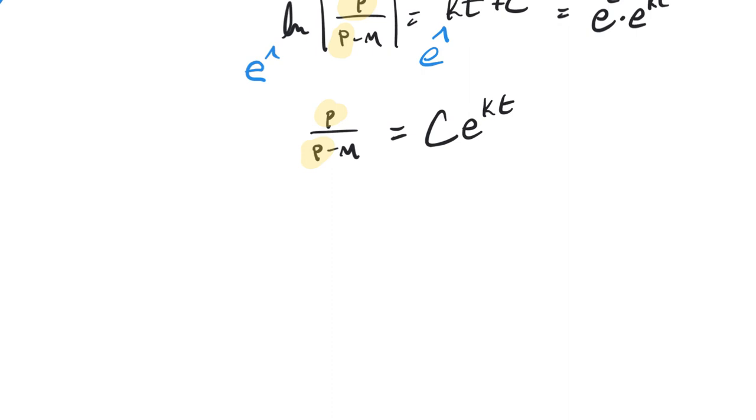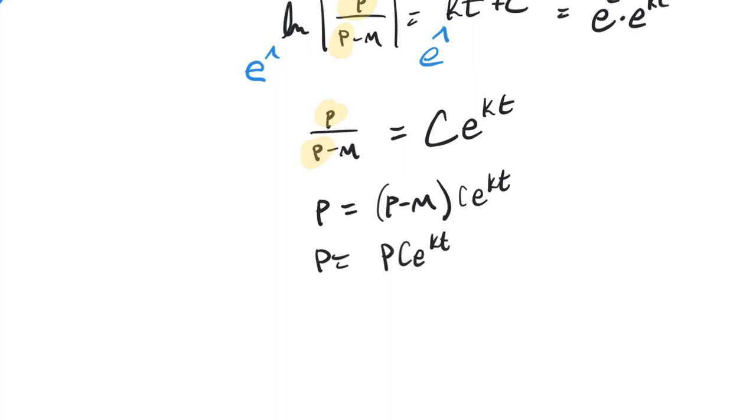And then to solve for P, we're going to need to multiply both sides by that denominator. Distribute. Collect our P's on one side.